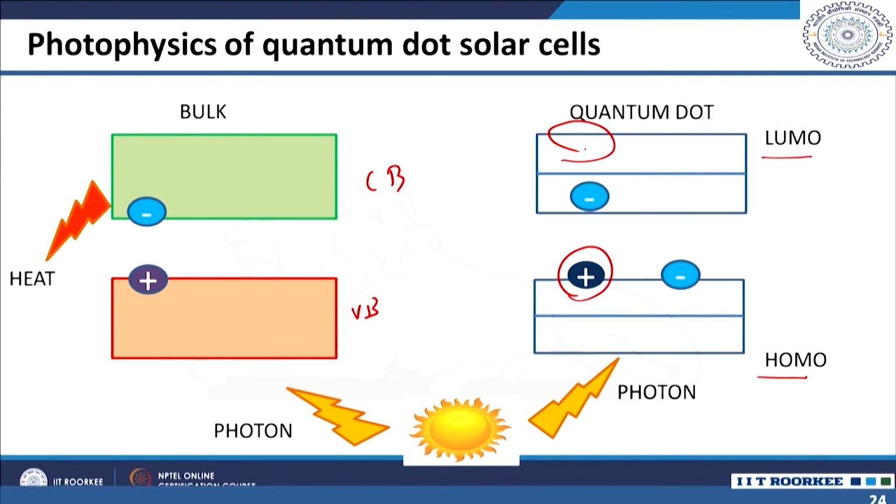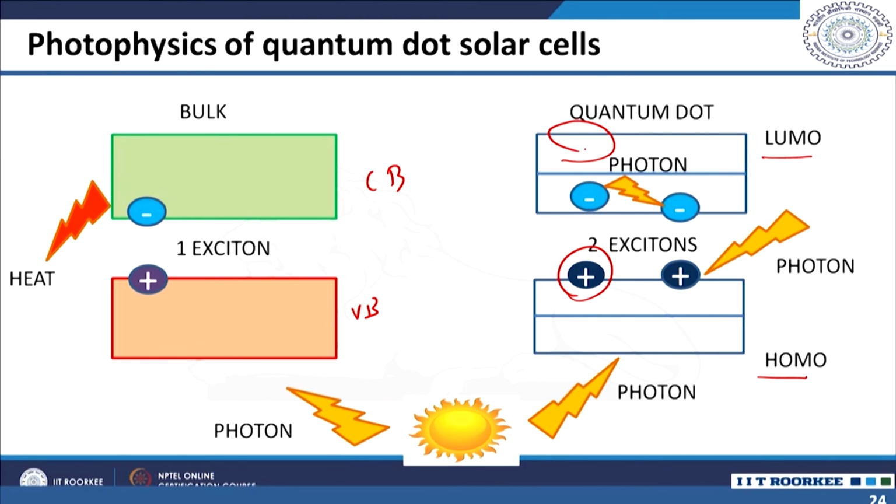Before that, the electron comes to the lowest unoccupied state and there will be a photon emission. And now the second electron goes from the ground state to the excited state, or HOMO to LUMO level, leaving a hole behind. So here in the bulk case we have one exciton, here we have two excitons.